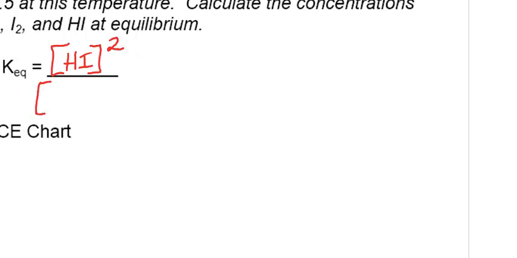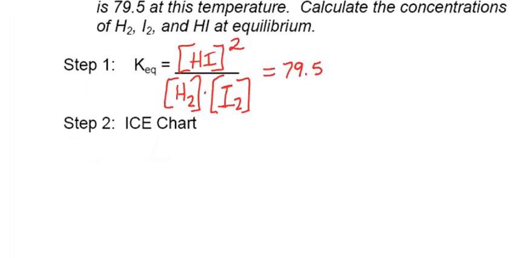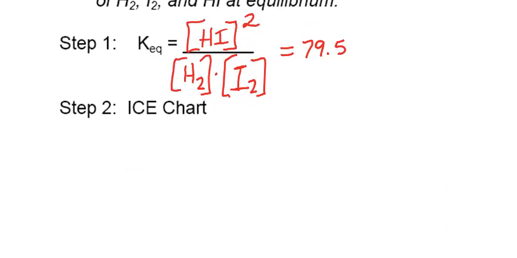Then our denominator will be H2 to the first power because its coefficient is 1, and I2 because its coefficient is 1, so it's also to the first. And we could maybe write down that that's going to equal 79.5, so we don't forget that. Remember that that constant could change at a different temperature, but for the problems that I give you, the K value will stay the same throughout.